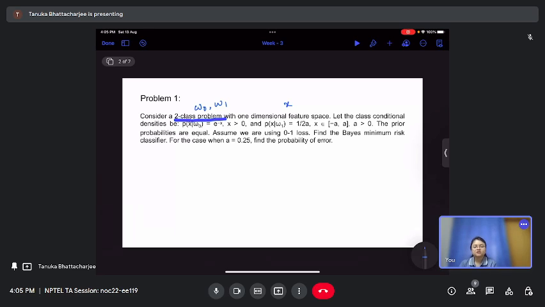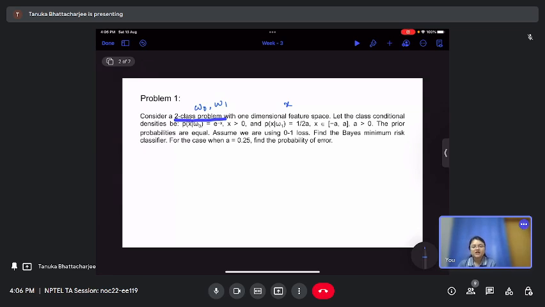So if we are sampling a feature value from class omega 1, it is not likely to have the value below minus a or above plus a. It will be within the region minus a to a.